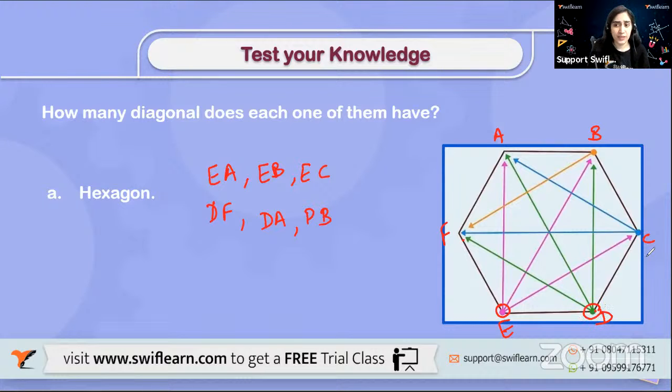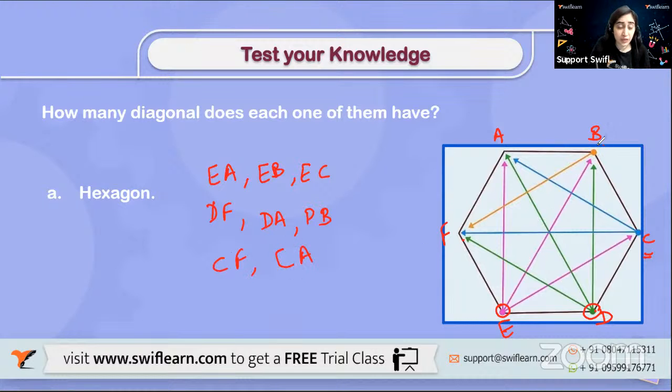Let's move to point C. All right, from C, I know that I can go to CB, CD, whereas CE, CF, and CA are the diagonals. CE or EC mean the same thing, right? So I'm left with CF and CA.